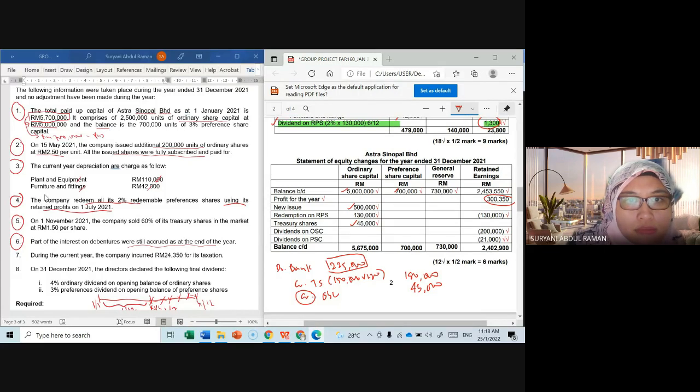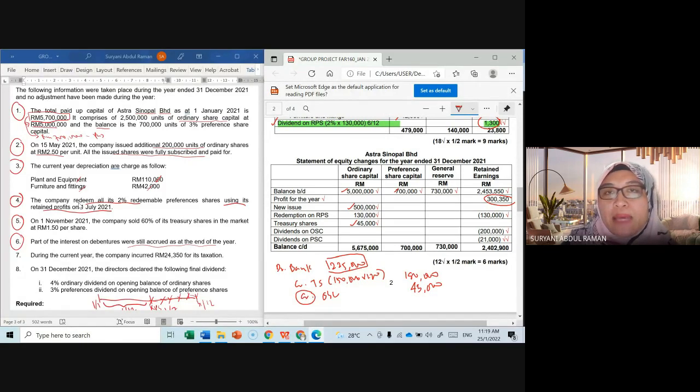The company redeem all its redeemable preference share using its retain profit. Retain profit je ke affected?